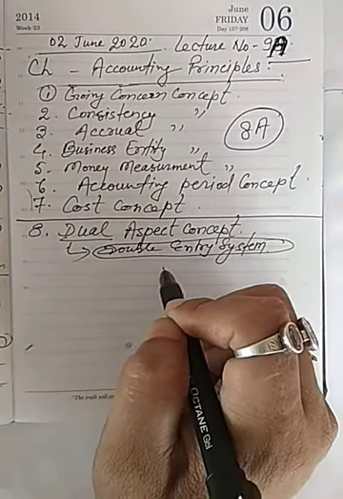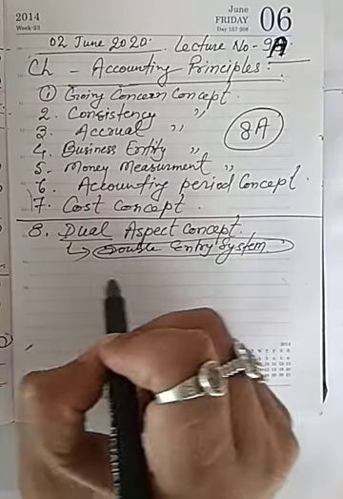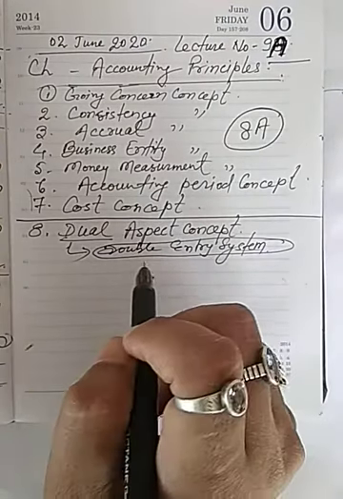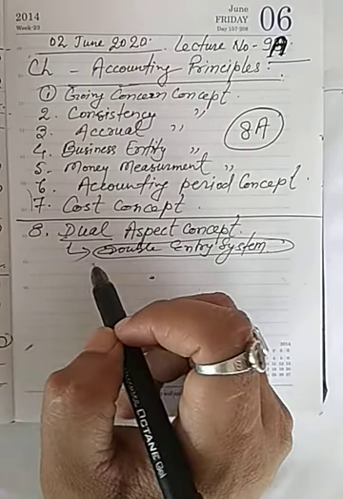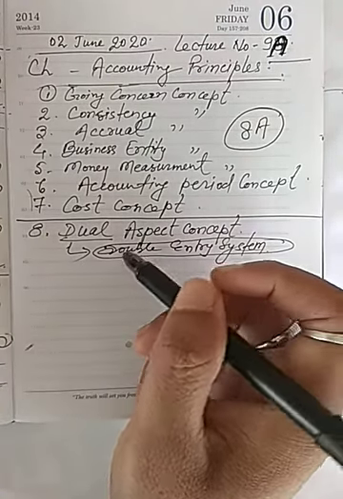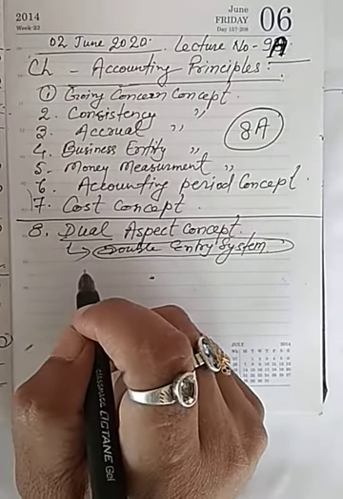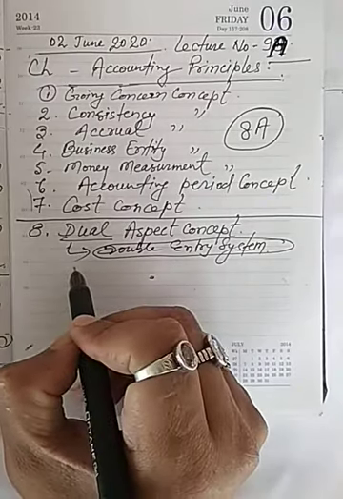It is because of this concept that the two sides of the balance sheet are always equal, and the accounting equation will always hold good at any point of time.